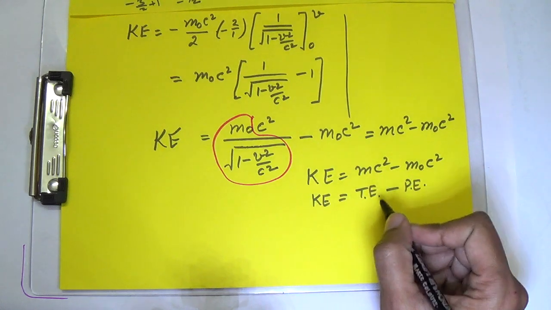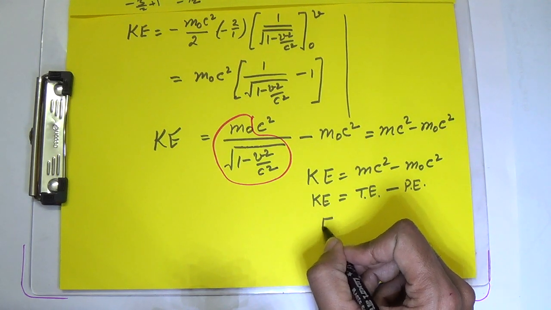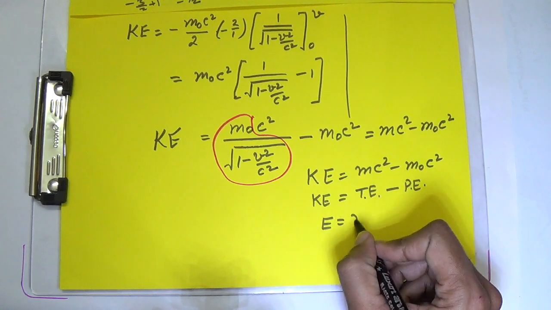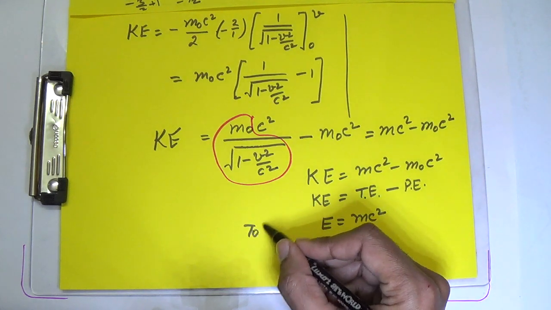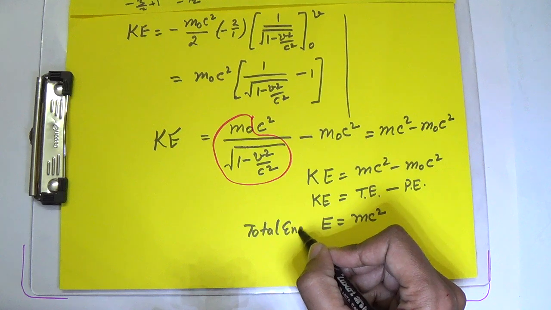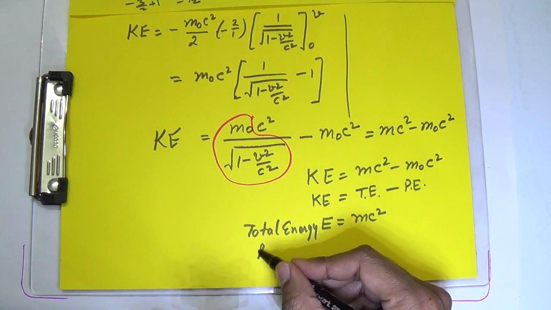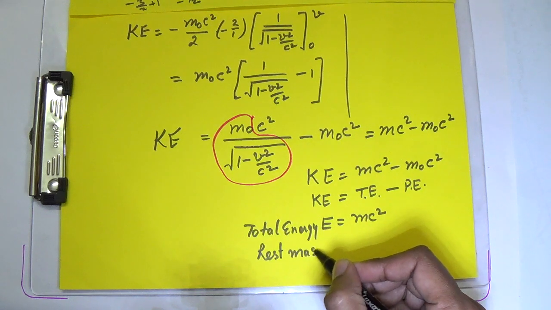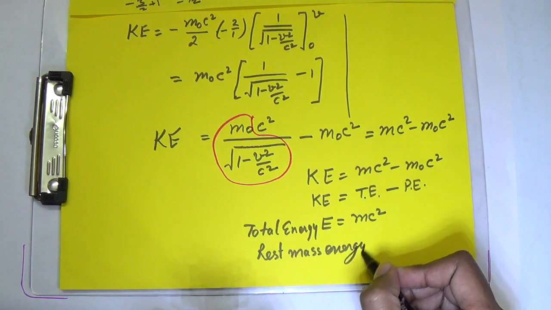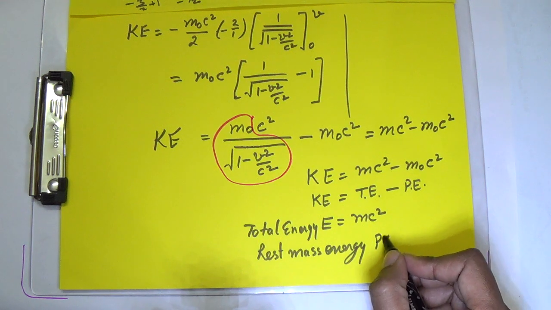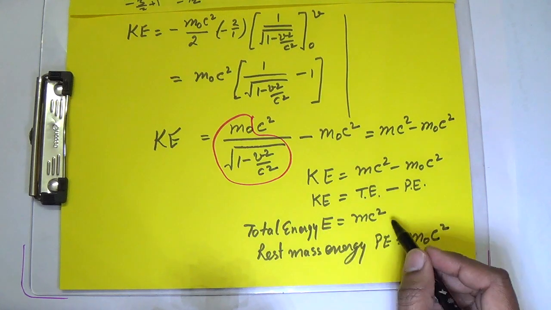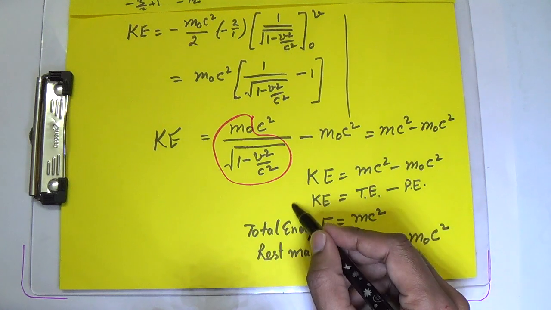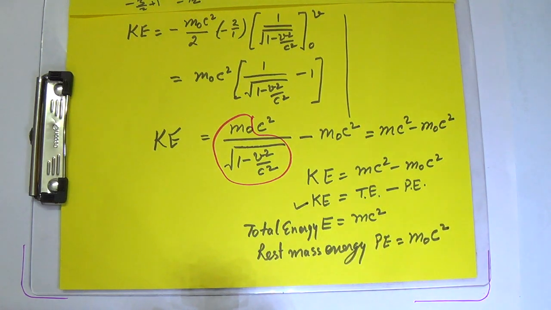So total energy E is equal to mc square, and rest mass energy, that is potential energy, is equal to m naught c square, and the difference of the total energy and potential energy will be the kinetic energy. So this formula is for the relativistic kinetic energy.